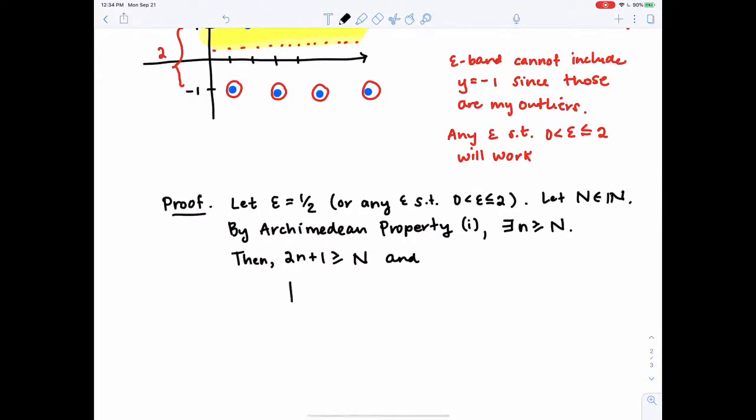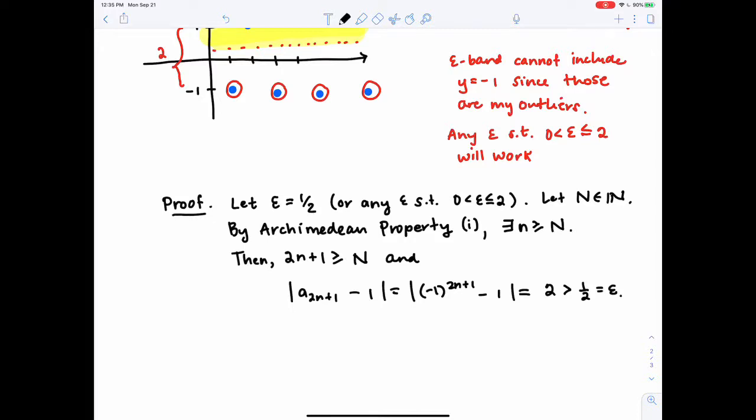And if I look at a sub 2n plus 1 minus 1, that's going to give me -1 to the 2n plus 1 minus 1, which is 2. And that is strictly greater than a half, which is my epsilon value. So here I'm actually using my outlier to be the subscript 2n plus 1.